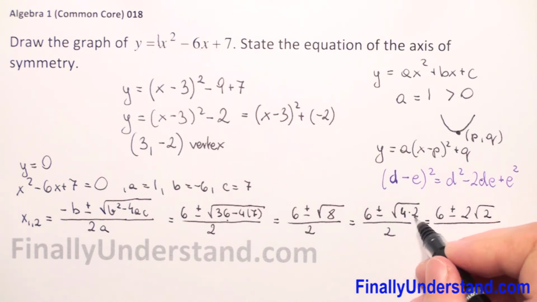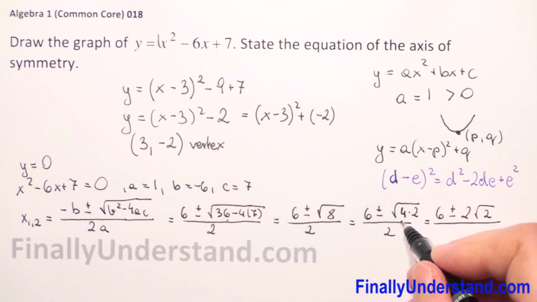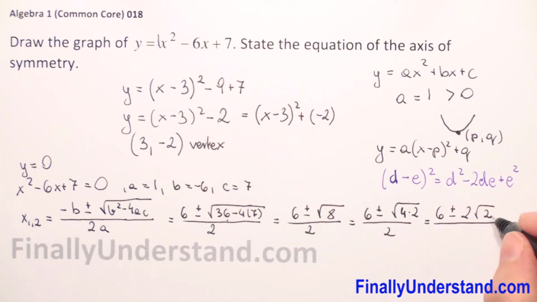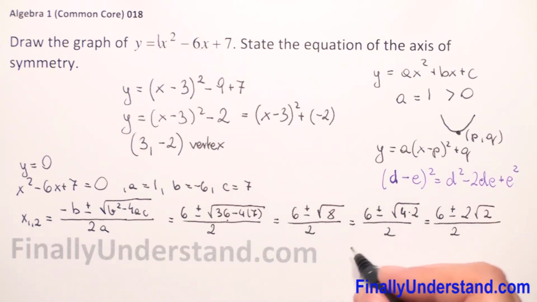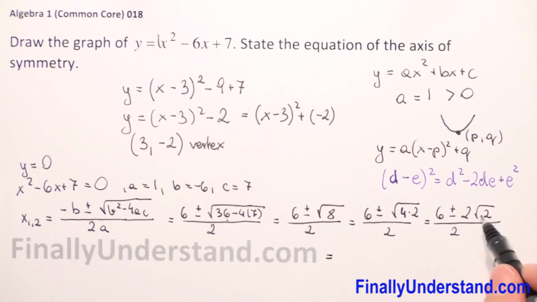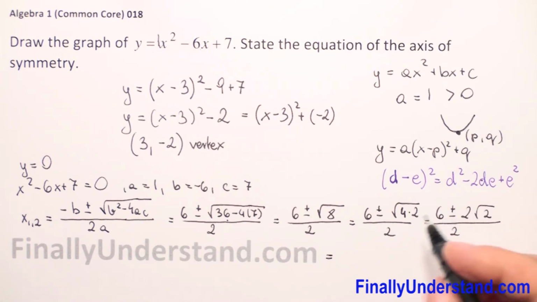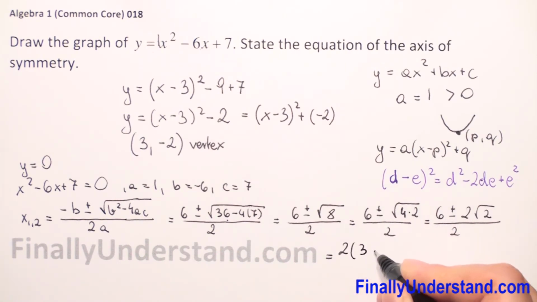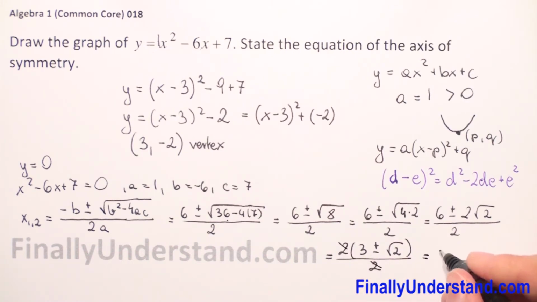Because the square root of 4 times 2, we can rewrite as the square root of 4 times the square root of 2. The square root of 4 is 2, and the square root of 2 we rewrite, over 2. What else can we do? We can factorize 2 from the numerator, so it will be 2 times 3 plus minus the square root of 2 over 2. 2 and 2 we can reduce, so we have that x is 3 plus minus the square root of 2.